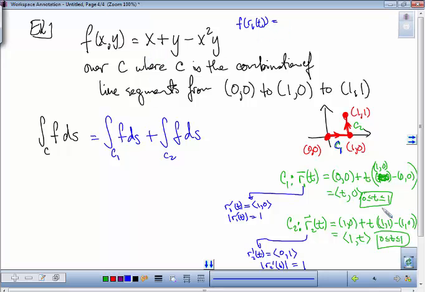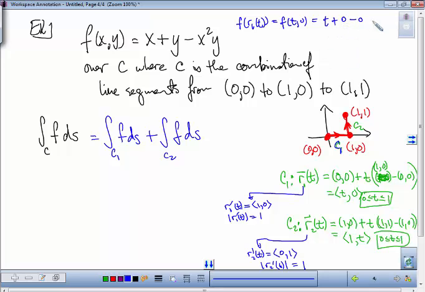So r1 is t comma 0, and if we put t comma 0 in here, we're just going to get t plus 0 minus, well, that's going to be 0.